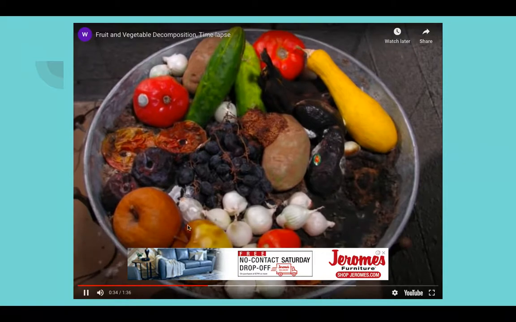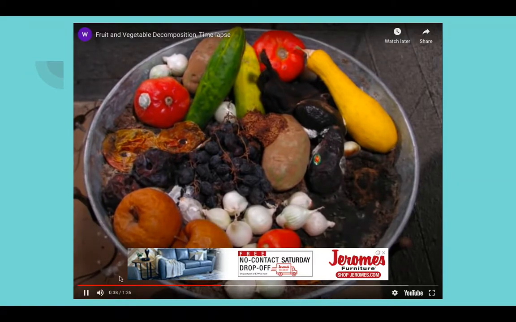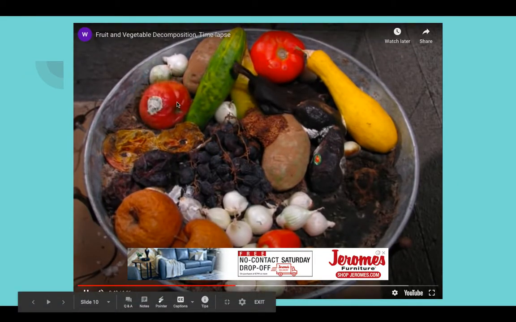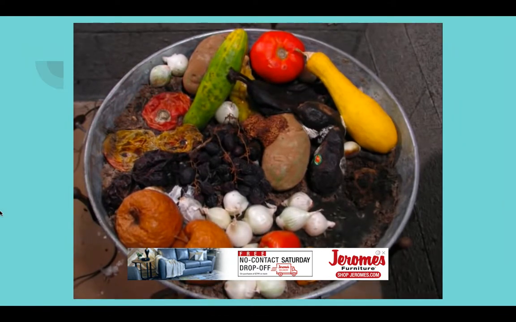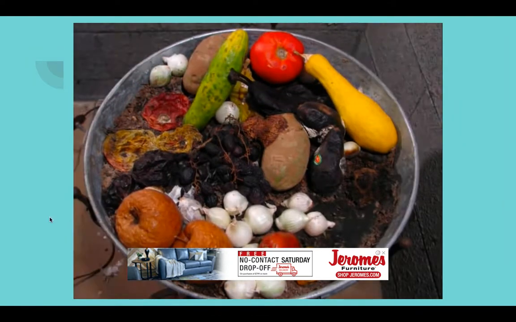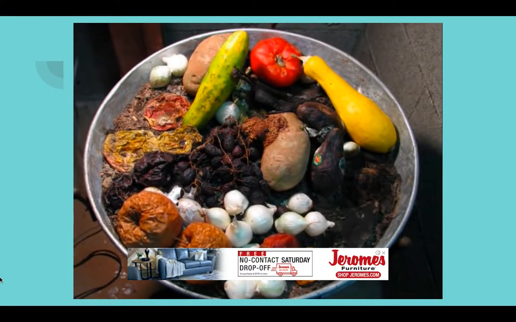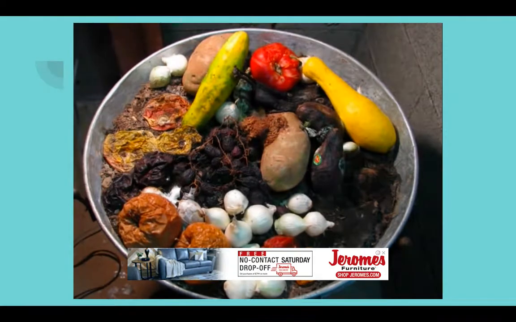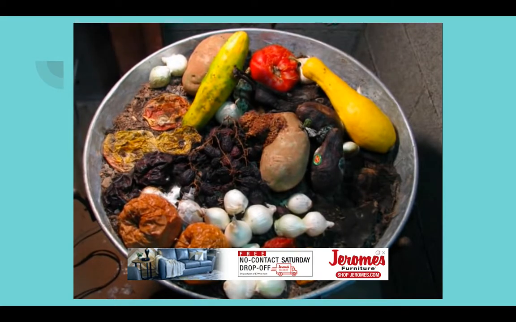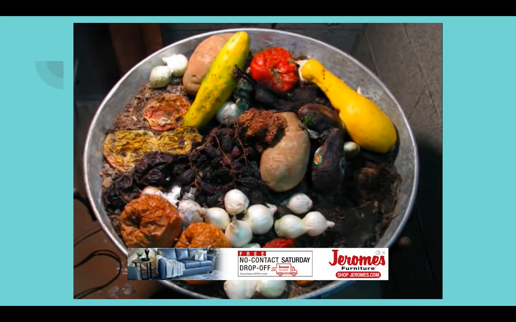Ooh, I'm seeing something right here. I'm seeing a lot of some things. And right there too. They're back. So what is evidence that there are decomposers present?